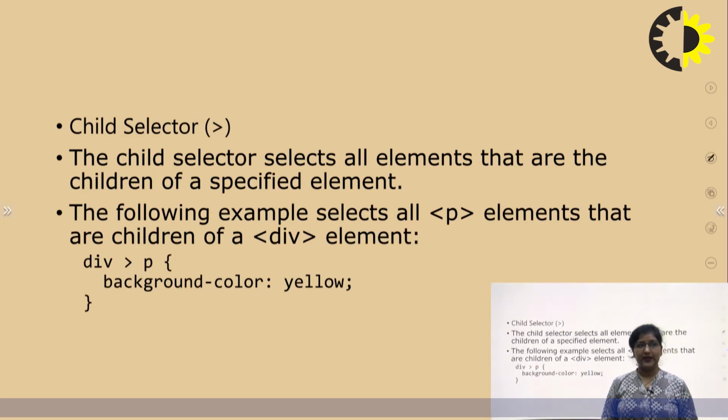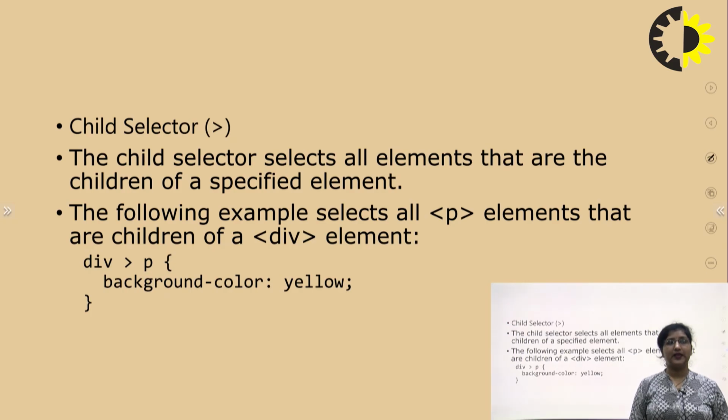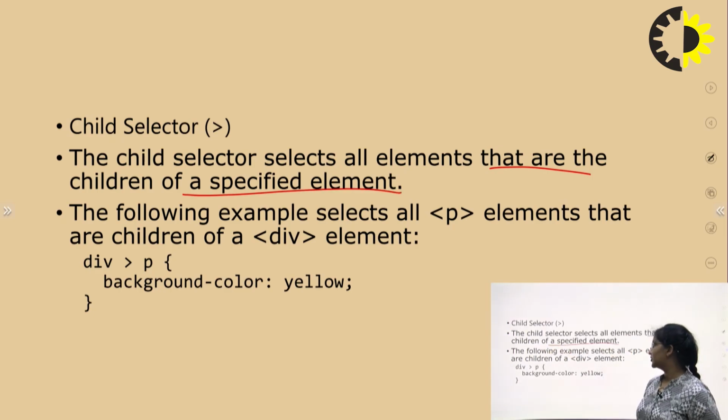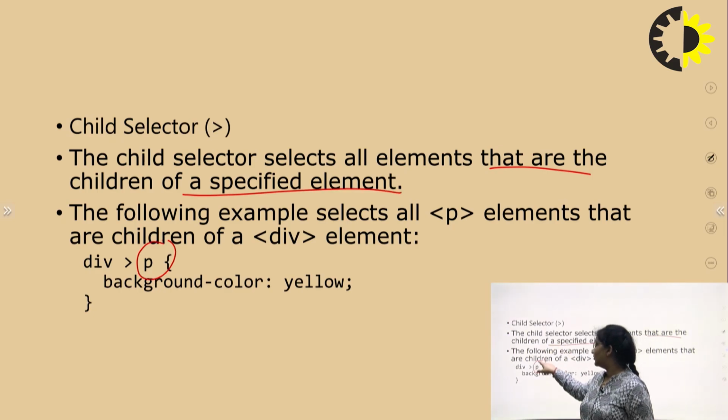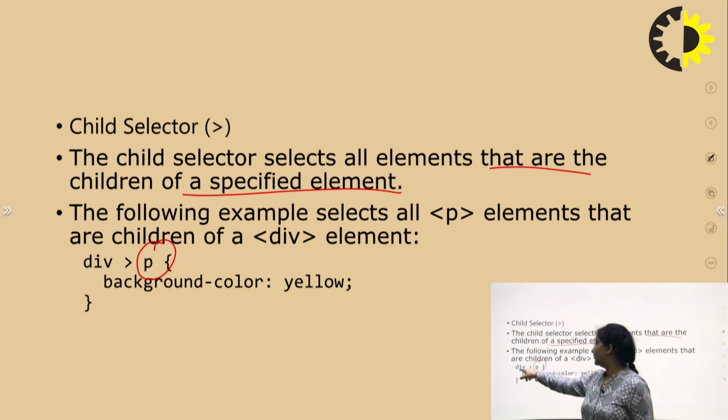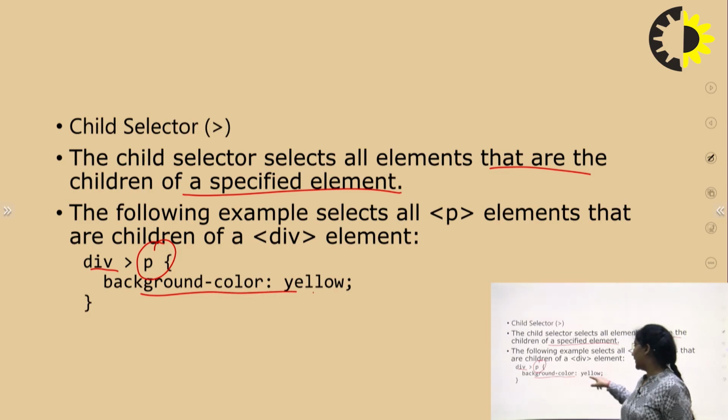If I say child selector, it means it will select all the elements that are the children of a specified element. So, here it will work wherever the P is a child of div. For all these the background color will be yellow.